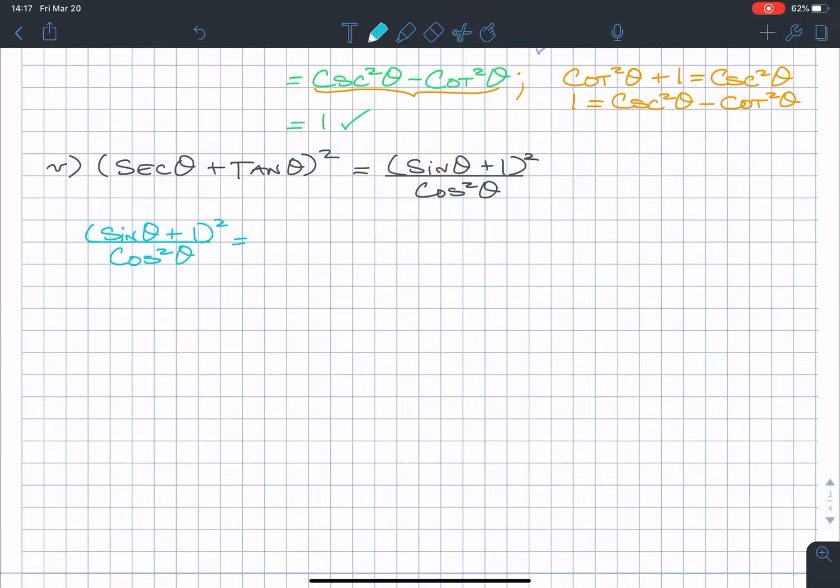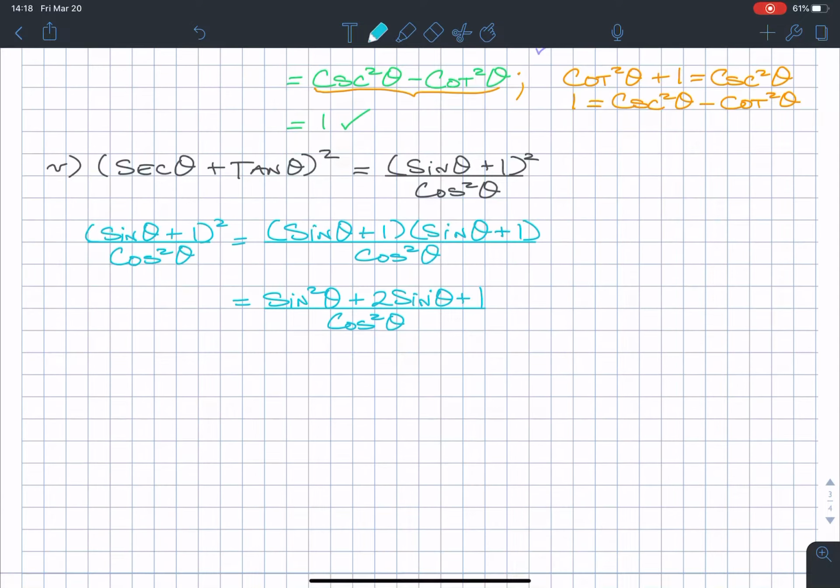Okay, so remember, when you square something, that means you're multiplying him by himself. So sine theta plus 1 times the quantity, sine theta plus 1, all over cosine squared theta. Foiling, what I get in the numerator is sine squared theta plus 2 sine theta plus 1, all over cosine squared theta.